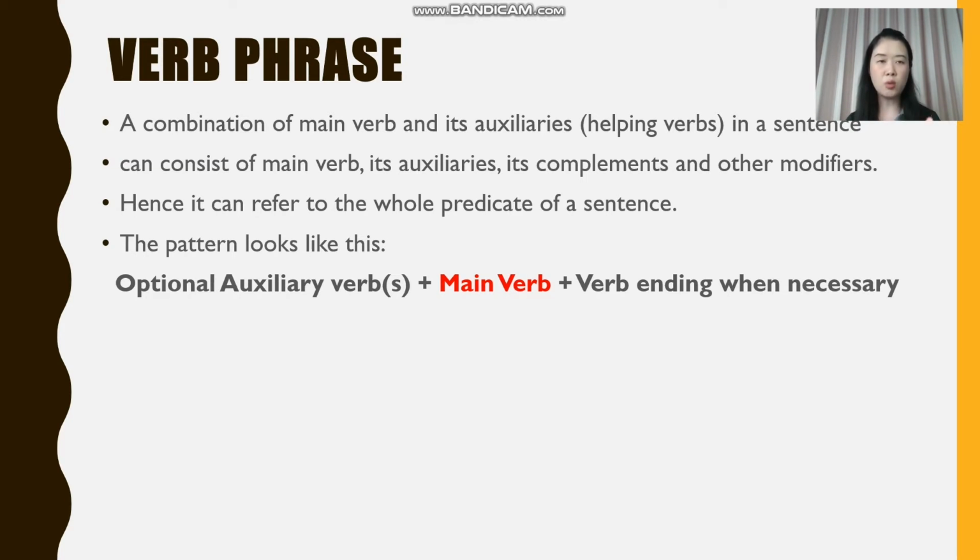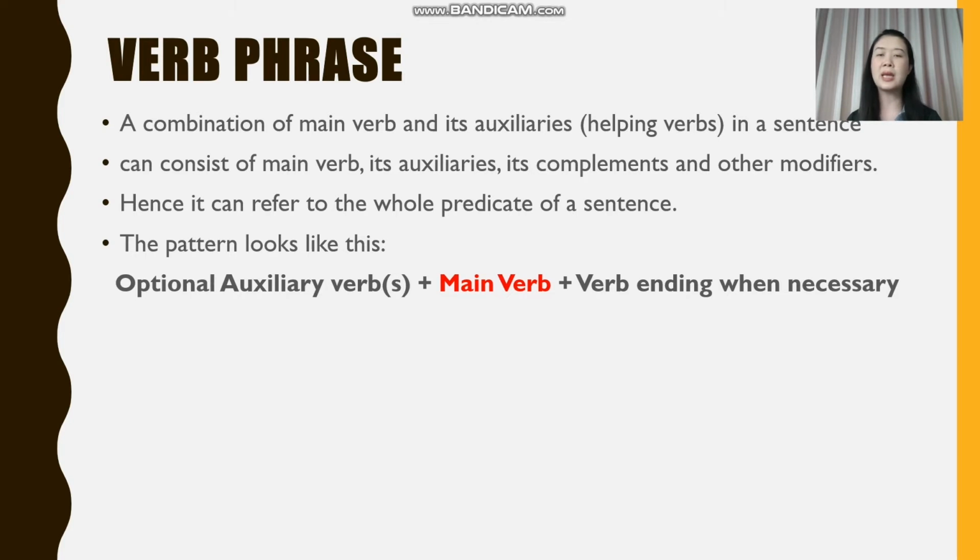You can see in red, that is the main verb, and that is the head word for the verb phrase. On the left, there can be optional auxiliary verbs. The reason we say optional is that in some tenses we don't need the auxiliary, just like the affirmative of the present simple.